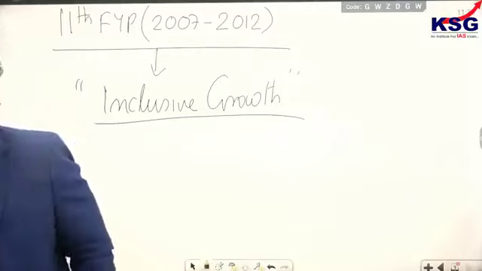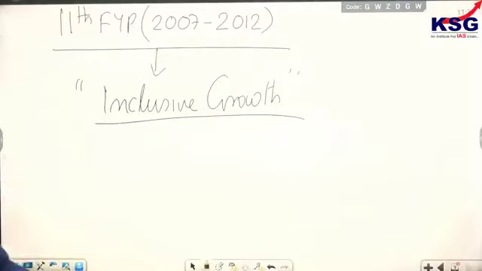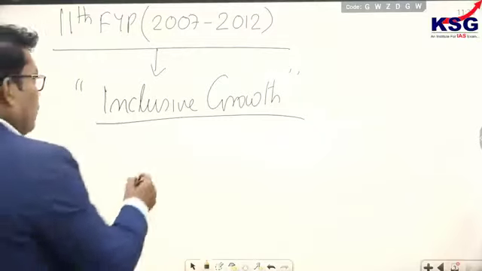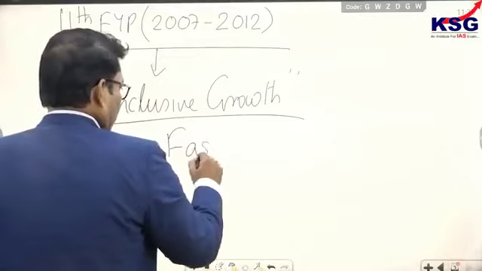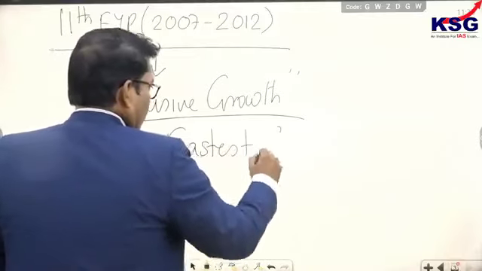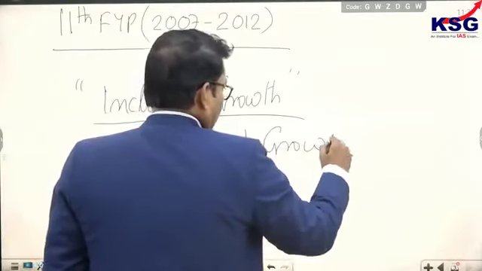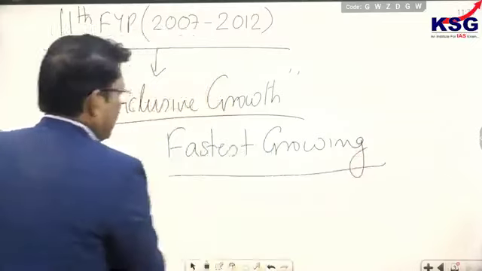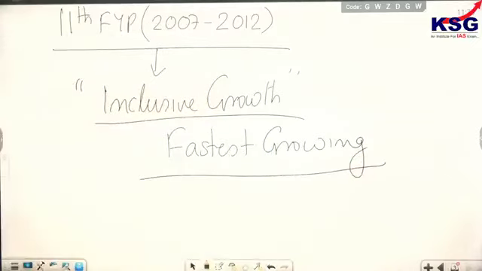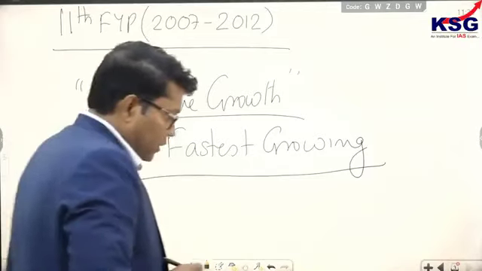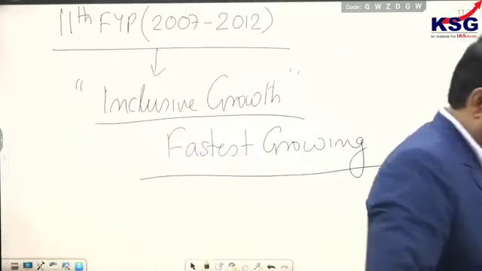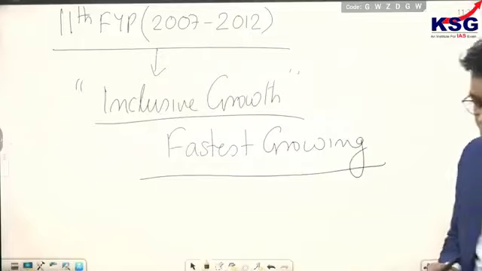Right. India had emerged as one of the fastest growing economies by the end of the 10th 5-year plan.